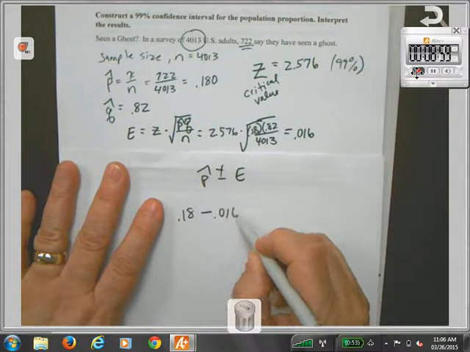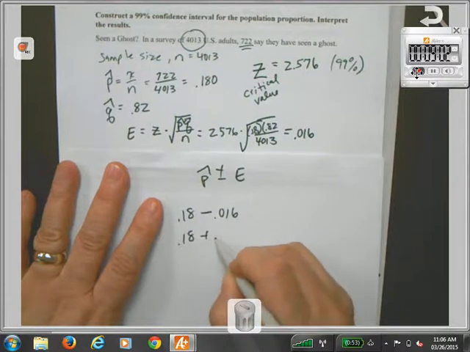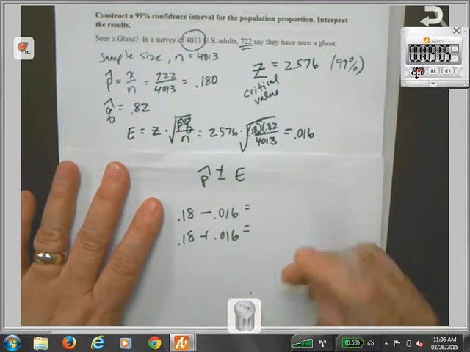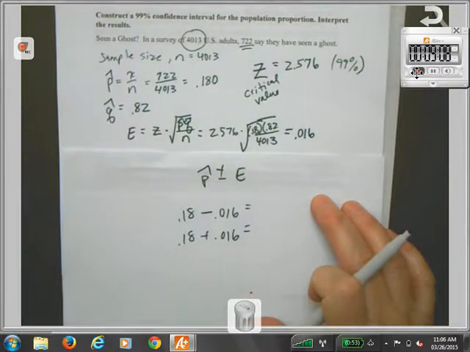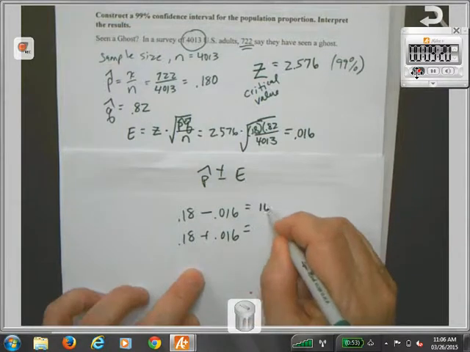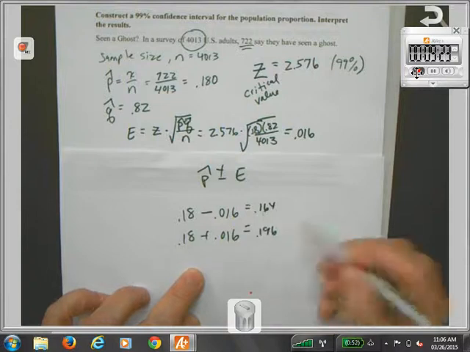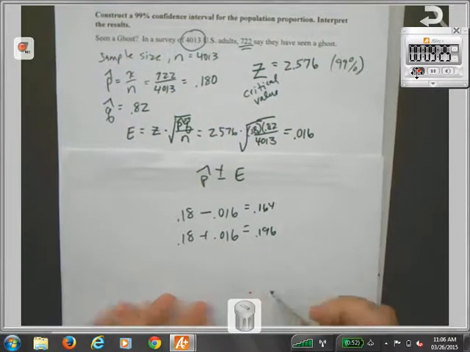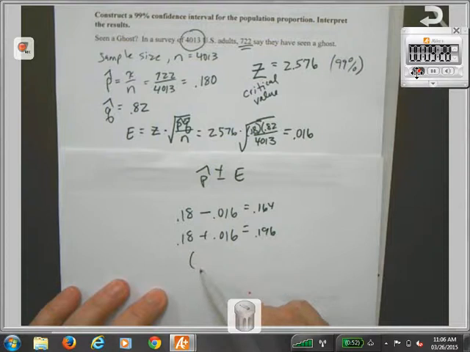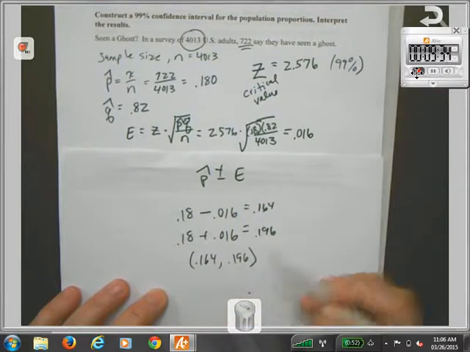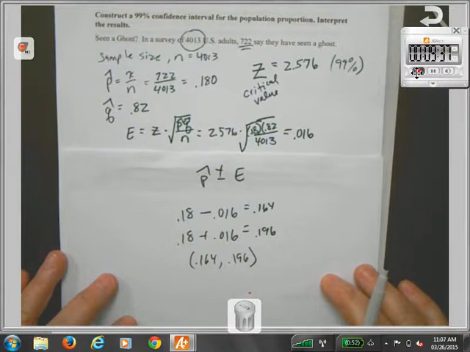And again, we just need to add and subtract these. So 0.164 and 0.196. We express this in a set of parentheses, the lower number first, and then the higher number. And this is our confidence interval for the proportion of U.S. adults who have seen a ghost.